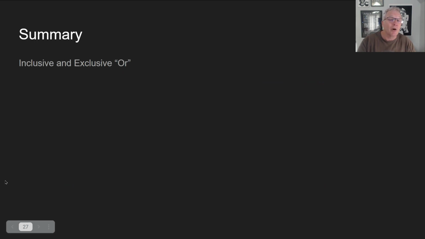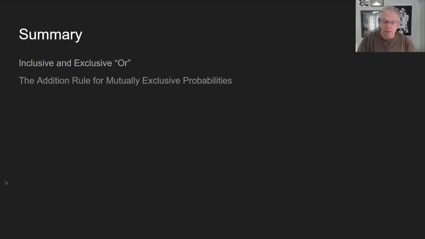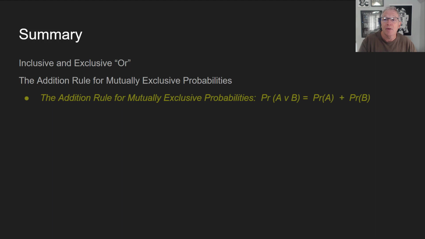Okay, so to summarize what we've talked about so far, we've talked about the inclusive and exclusive senses of OR, that was in the previous lecture. We've used and talked about the addition rule for mutually exclusive probabilities in those kinds of cases.